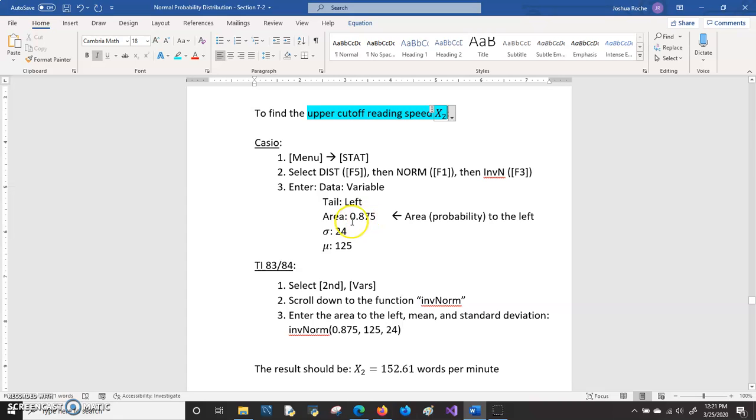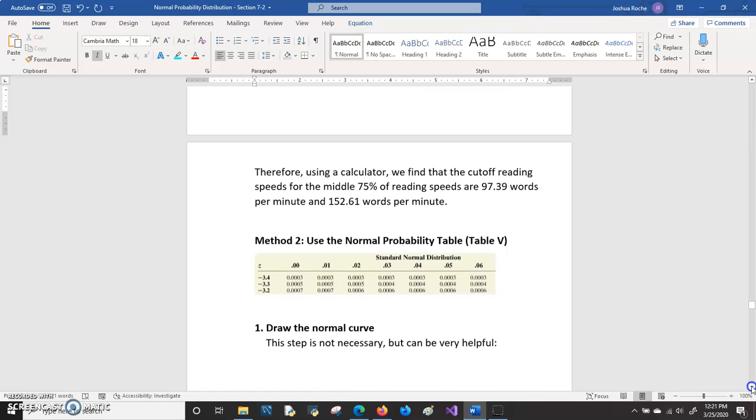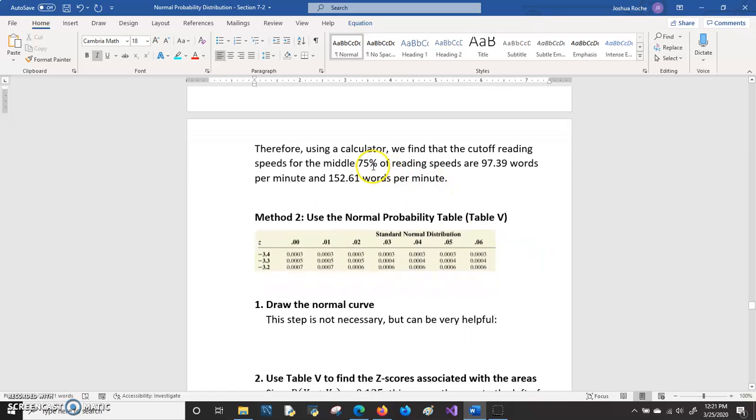Putting in 0.875 and all the other values, it comes out to 152.61 words per minute. So using the calculator, we find that the cutoff for the middle 75% of reading speeds are 97.39 words per minute and 152.61 words per minute.